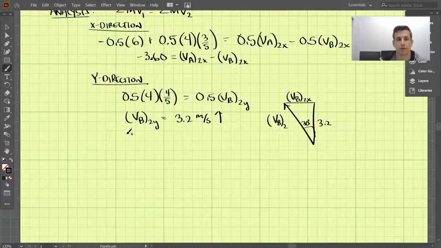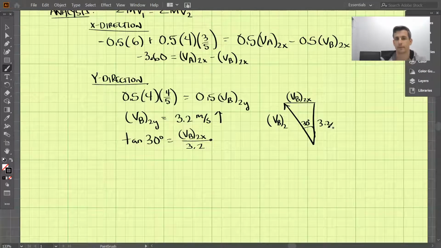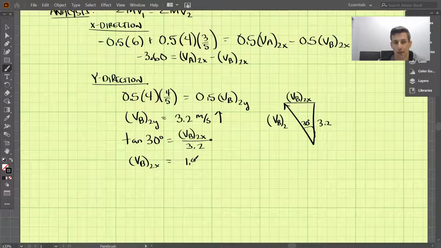And what this represents is VB2x up here. So we know the tangent of 30 degrees equals the opposite, which is VB2x, divided by the adjacent, which is 3.2. Solving for that, VB2x comes out to be 1.8475 meters per second.